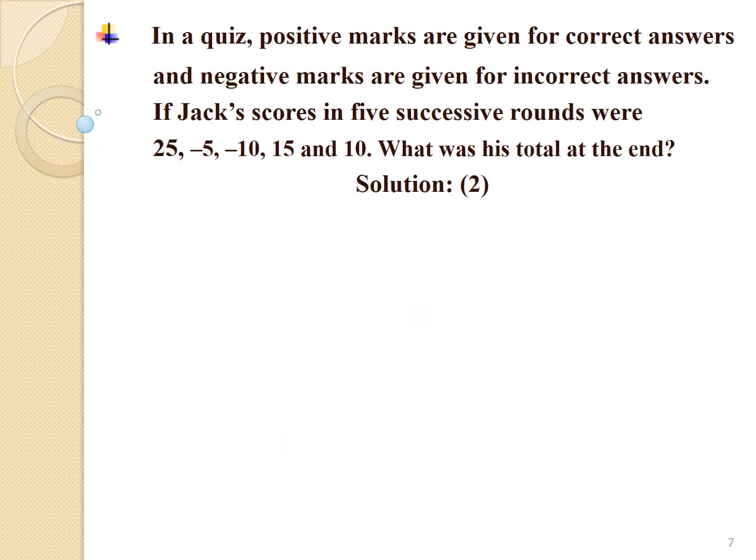Now, question number 2. In a quiz, positive marks are given for correct answers and negative marks are given for incorrect answers. If Jack's scores in 5 successive rounds were 25, -5, -10, 15 and 10, what was his total at the end?